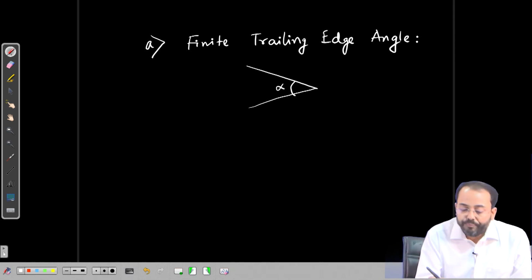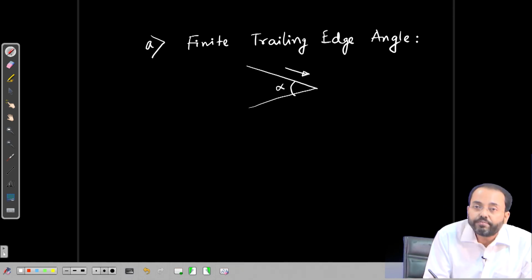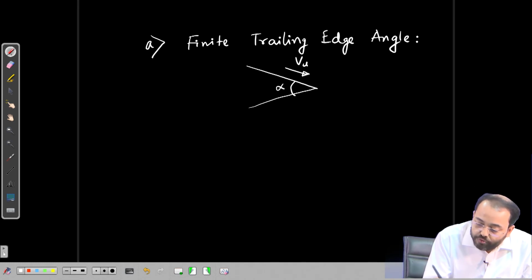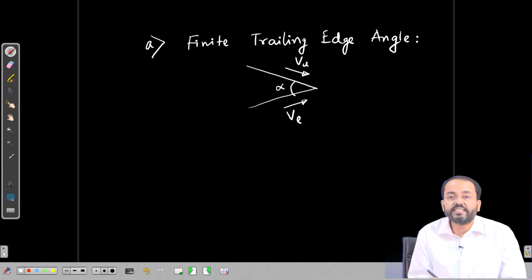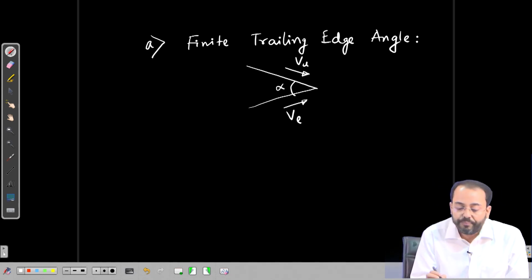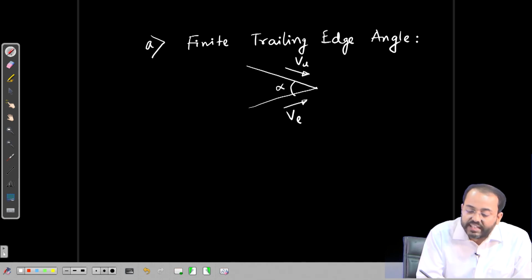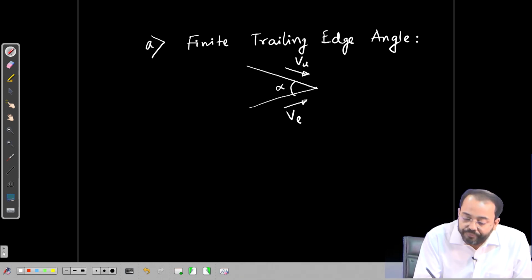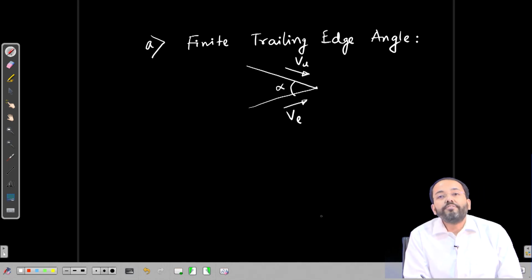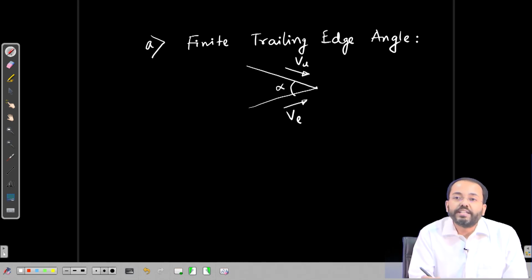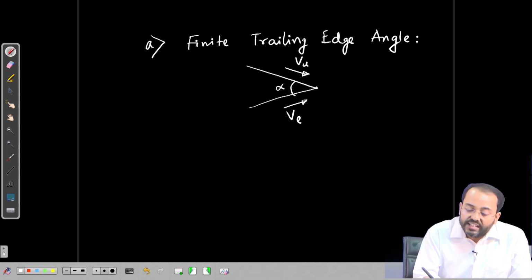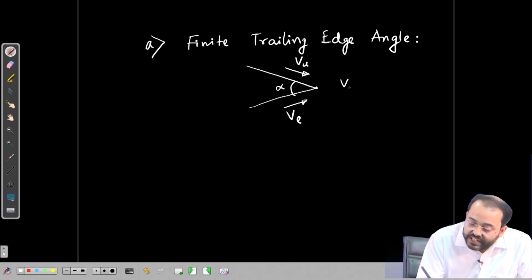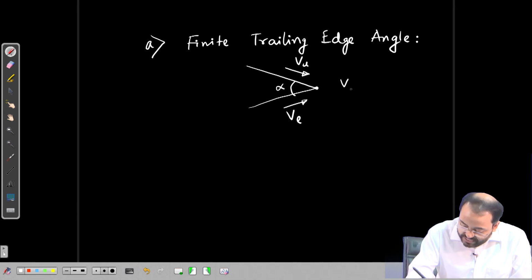Okay. So, there is a velocity coming from the top surface Vu, and there is a velocity from the lower surface Vl, let us say at the trailing edge. Okay. Now, here at this point we cannot have two different velocities at a particular point. So, if there is a finite trailing edge angle, then the velocity at this particular point has to be 0.